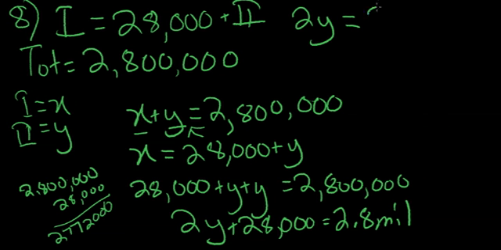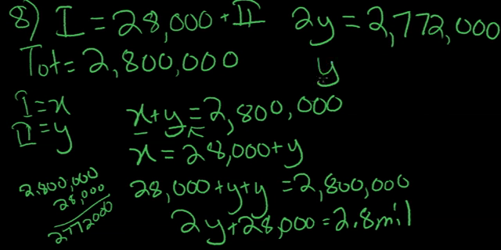So 2y equals 2,772,000. That's the biggest calculation we'll ever do in this test, hopefully. And simplify, divide by 2, y equals 1,386,000.